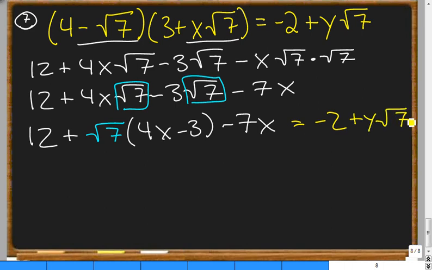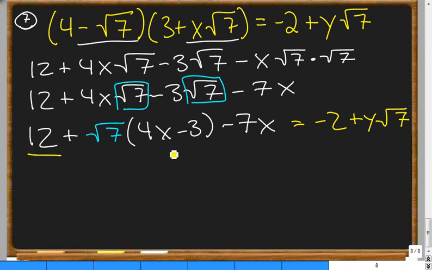So we need to have our sides looking similar to each other. I want a term plus another term, or minus another term, so I'm going to reorder this. Just look at the left side.